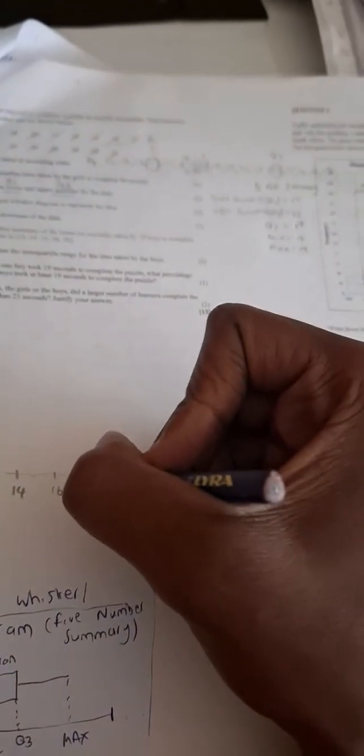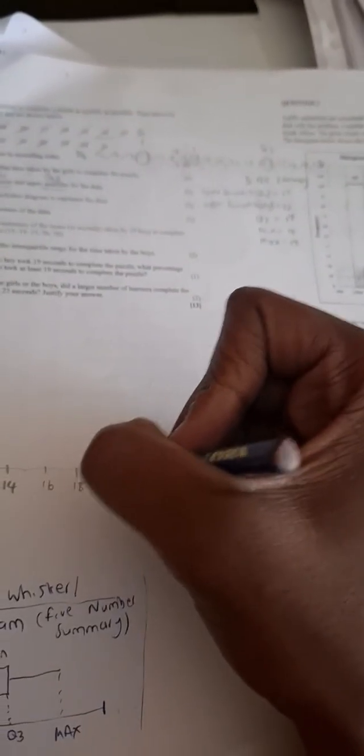I'm just wondering, what if I go up by 2s? 14, then 16, so you use your spacing, maybe your ruler, your centimeters, and make sure it is evenly spaced. 18, 20, 22, 24, you will use your ruler, guys, evenly spaced.